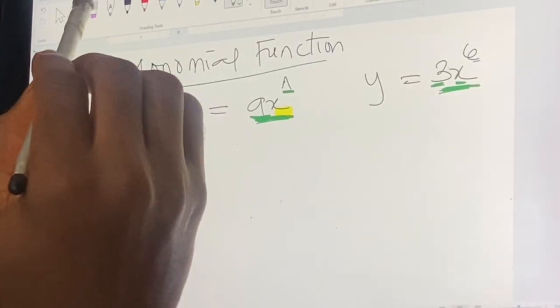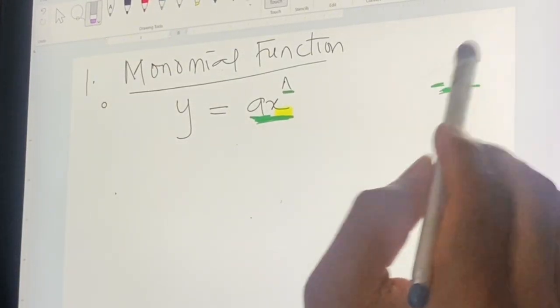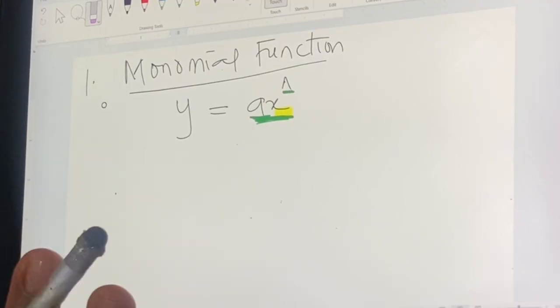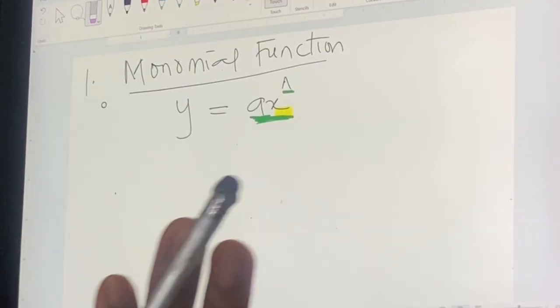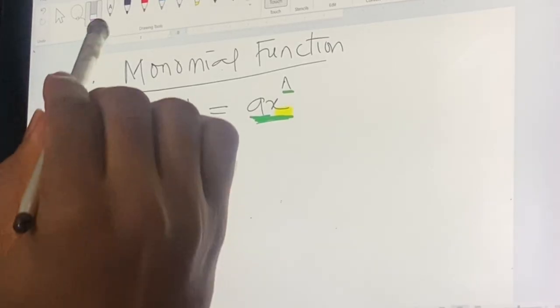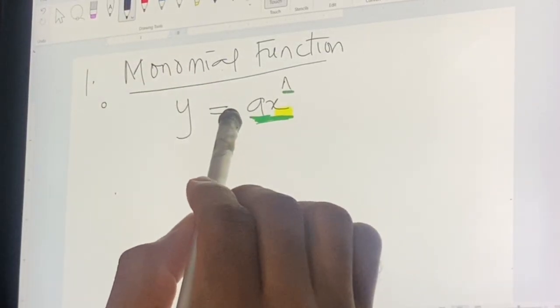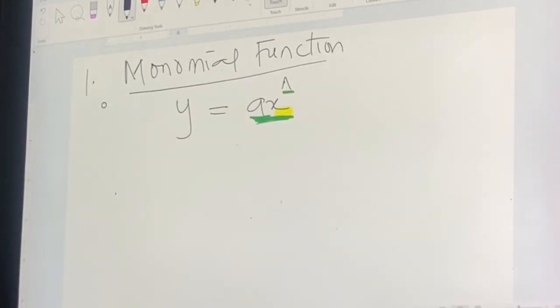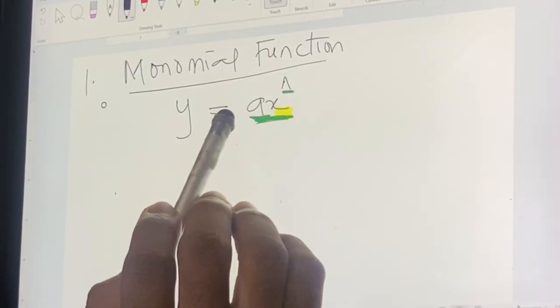Whenever we have any equation in this nature, a monomial function, how do we differentiate that? We use the power rule, that is the power law. What is the power law of differentiation? We take the power down to the base, and subtract the power by 1.